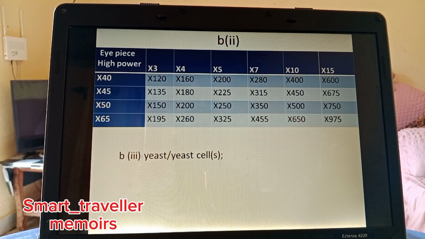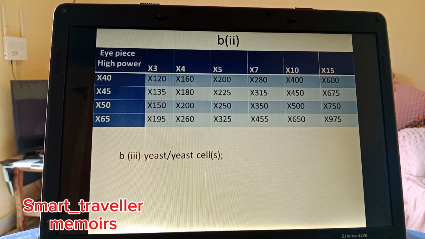You can see the magnifications, times 45, and the corresponding magnifications, times 50, and the corresponding magnifications, and times 65, the corresponding magnifications.